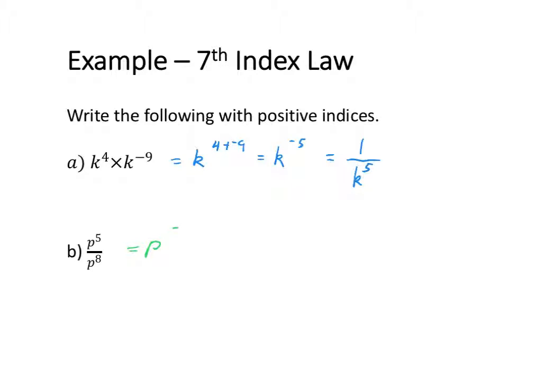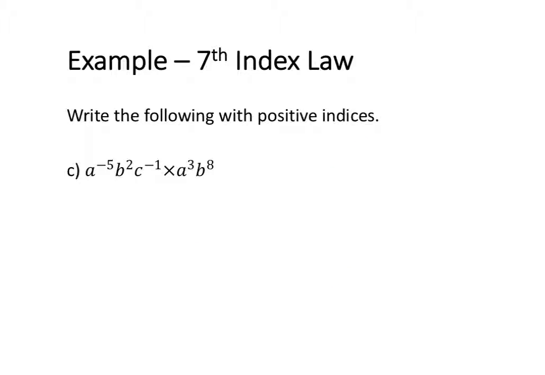So p to the power of 5 minus 8, which equals p to the power of negative 3. Now that I've applied the second index law, I can go ahead and apply the seventh index law to make it into a positive index. And I do that by moving it into the denominator. So that's going to become 1 divided by p to the power of 3.